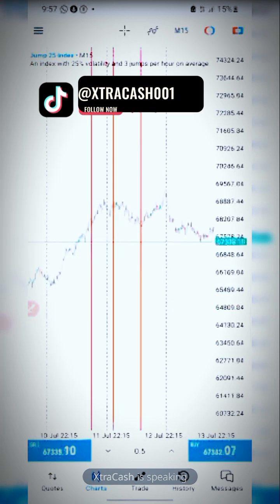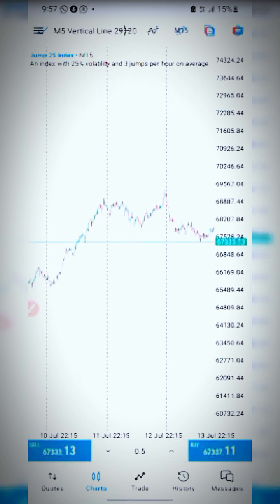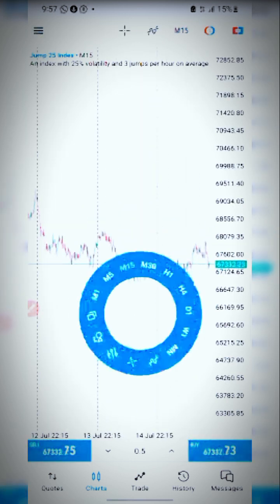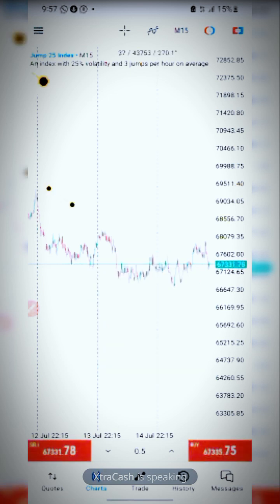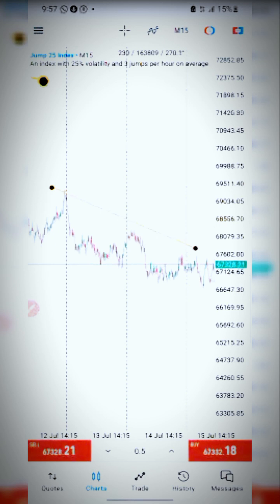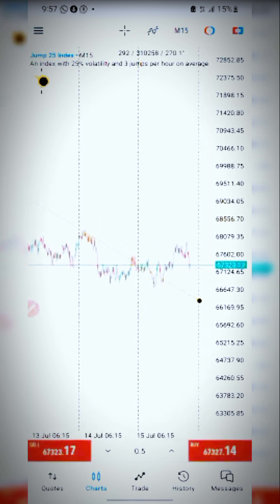Let's delete all this. Let's see if we can get a trend line. So this is not giving me what I want.